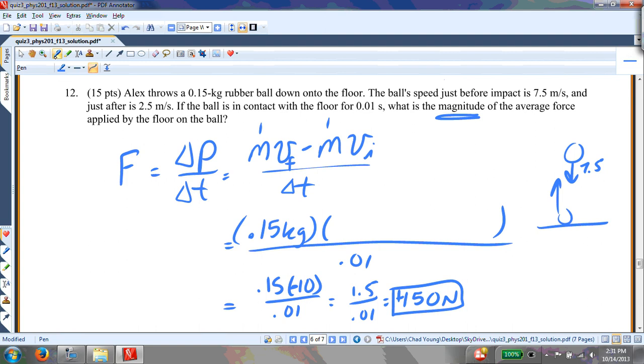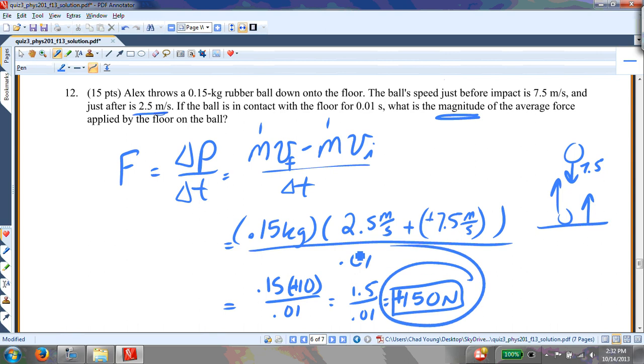They seem simple, but you have to get your signs correct. My V final is positive 2.5 meters per second, just after impact, minus a negative 7.5 meters per second. That gives me a positive 10, and positive 150 newtons. This is the force imparted onto the ball that causes it to change direction and go up again. Obviously that force has to be pointed up, and it's 150 newtons in the upward direction.